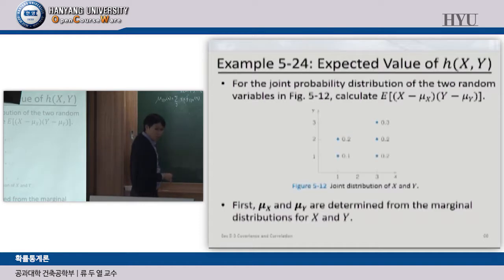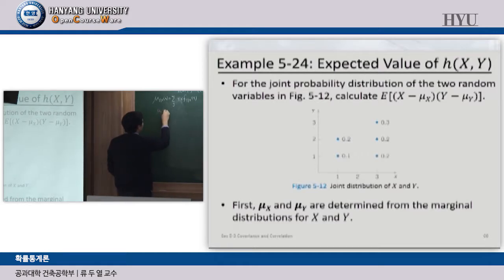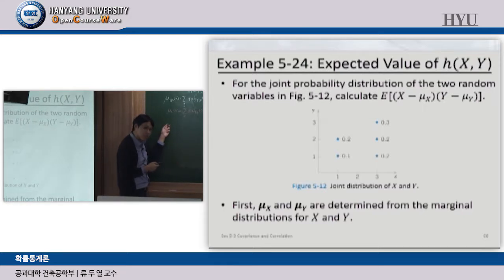And we can use the identical formulation. In this case, we have two random variables, and we only have to calculate the mean of x, which means that this is the marginal mean. So the marginal mean, mu x, is equal to the summation of x by the marginal probability mass function, because this is the discrete case.